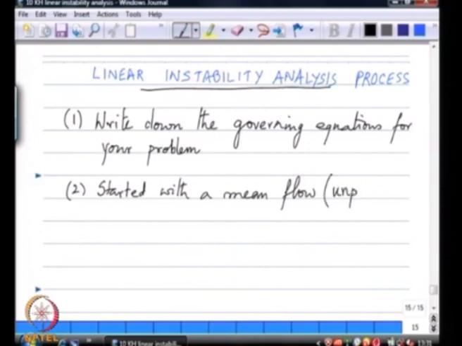We also called this in several instances the unperturbed condition, or more accurately the pre-perturbed condition. Okay.